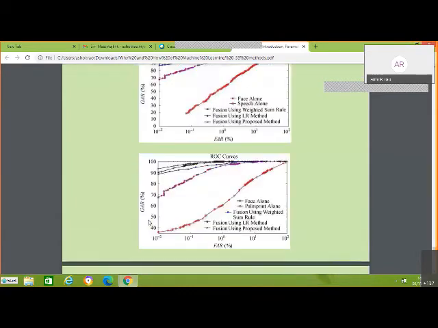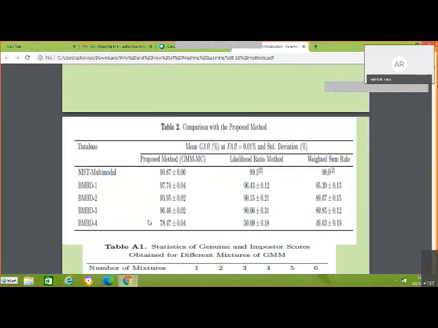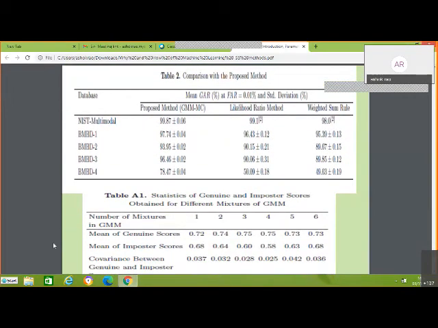Now, how does this happen, and where are all the issues involved? We will look at that. Okay. This is also a comparison of other methods, likelihood ratio method, weighted sum rule, which are all done by very big people like Anil Jain and Ram Chalapa and others. Our result was 99.87 with a variance of 0.06.